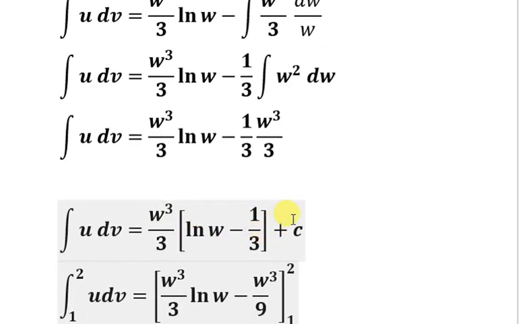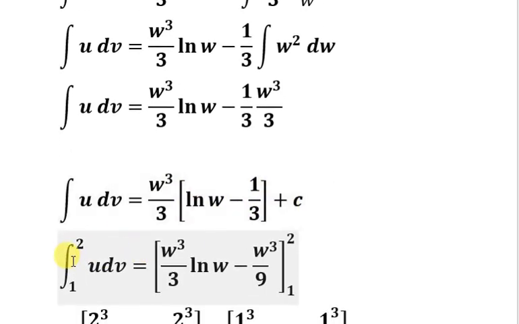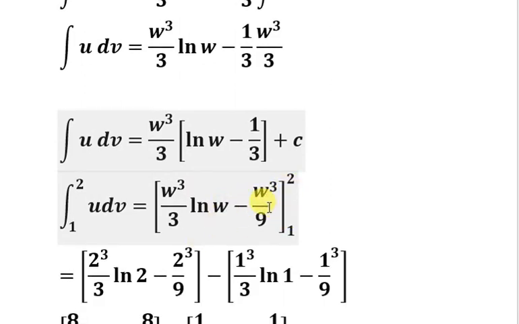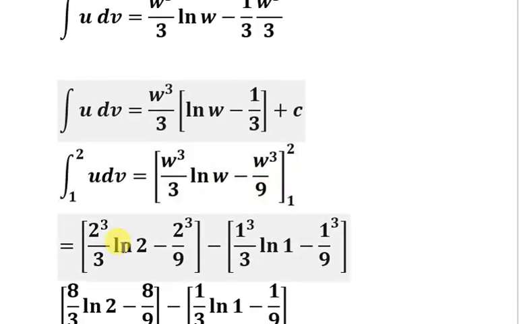Now note that we have not yet included our region of integration, so we have to input it and then simplify. In doing that, wherever we see w, we input 2 there, and then subtract wherever we see w, put in 1 there, and that is what we're doing here.